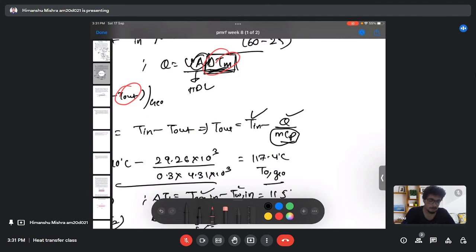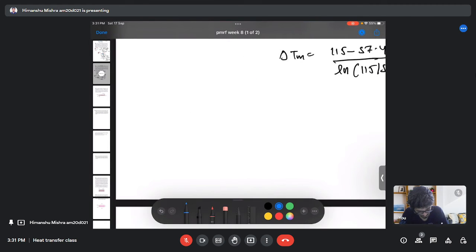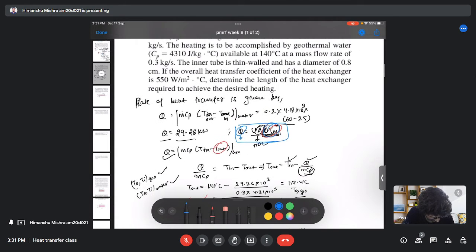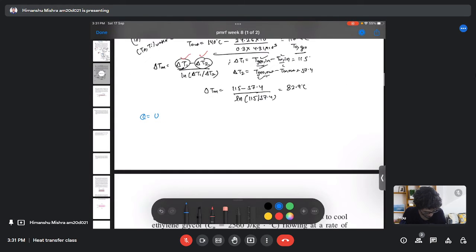So now we found the log mean temperature difference, and we can now find the area using this heat transfer relation. We already found the log mean temperature difference, and we already found the heat transfer. This is the first step we have done by solving this question. And we have been given the overall heat transfer coefficient also.